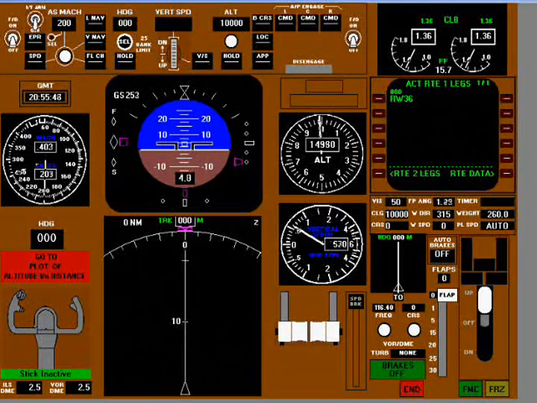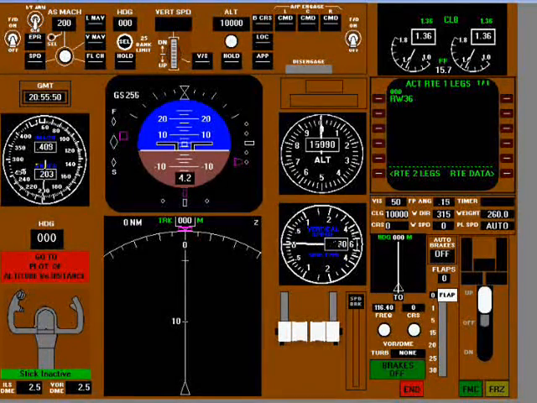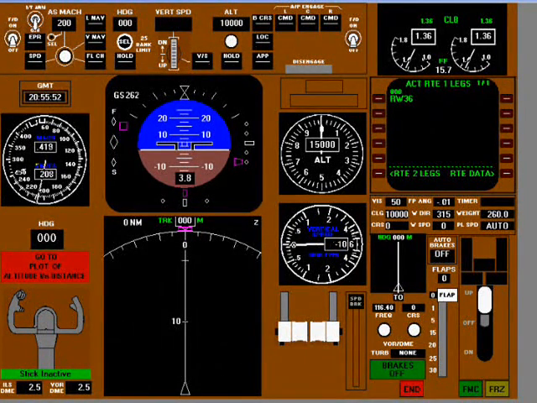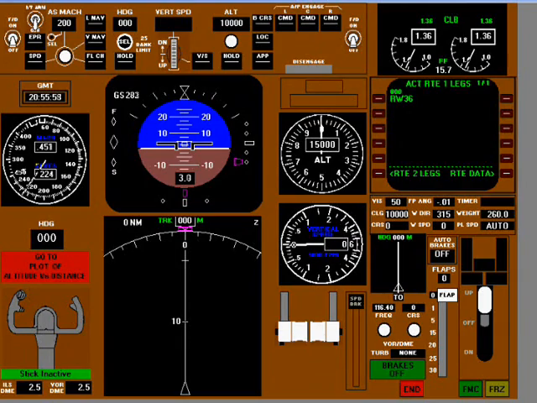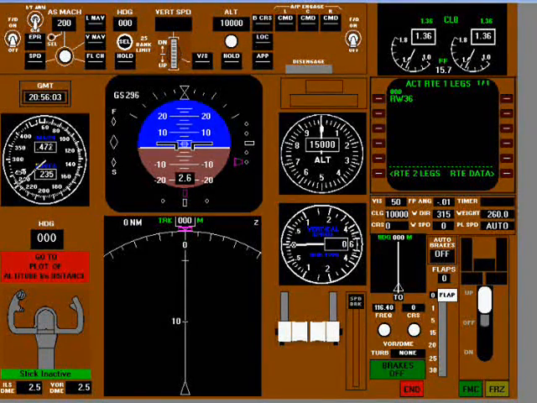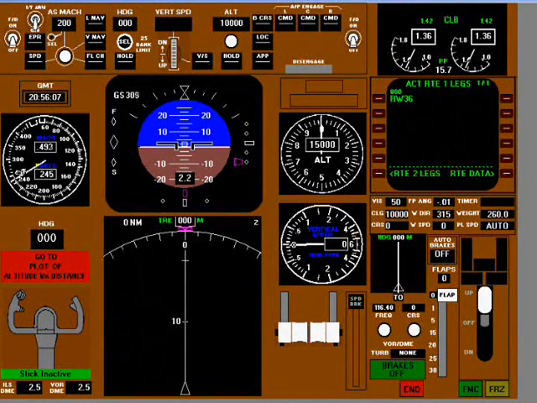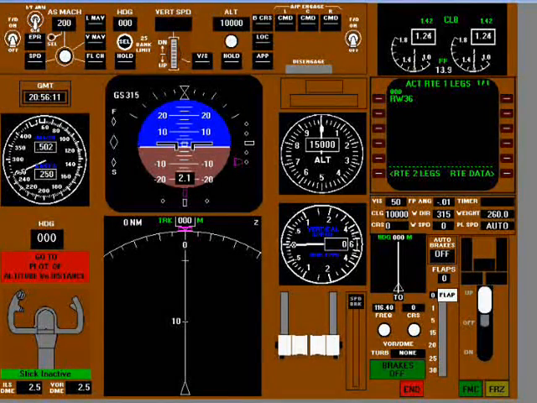Rotating to the zero rate pitch attitude, we capture 15,000 feet. And maintaining climb EPR, we now accelerate toward our target speed of 250 knots, maintaining 15,000. Approaching 250 knots, we'll set the EPR to maintain that speed.